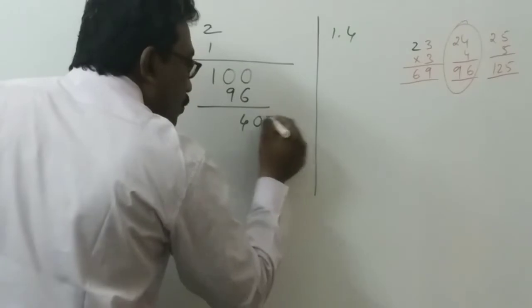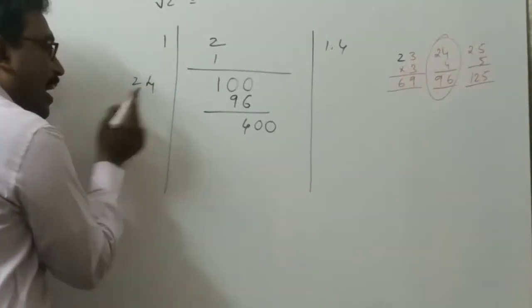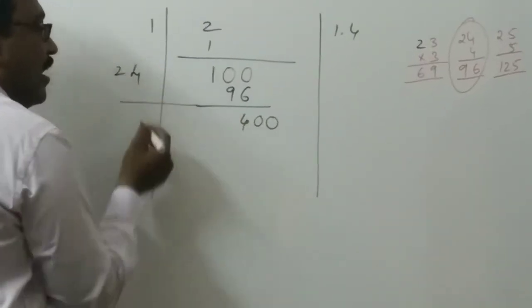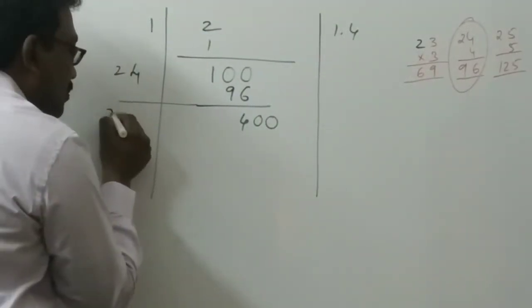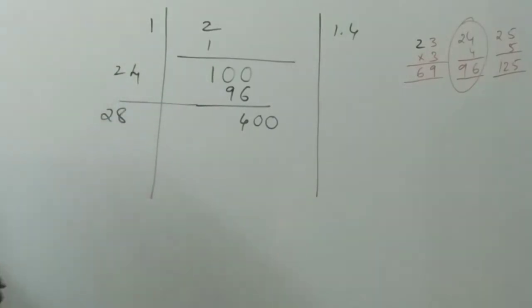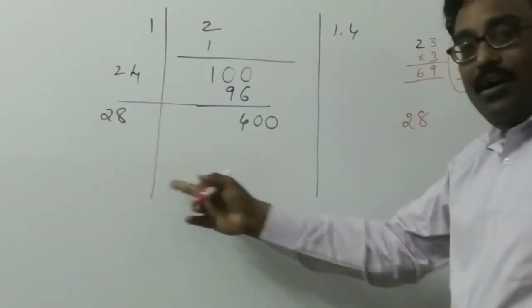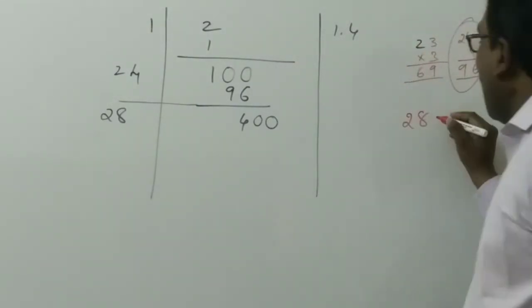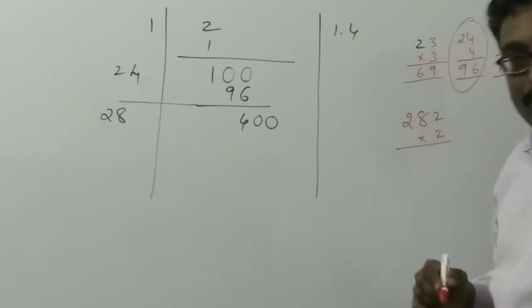So, 2 zeros will come. Now, this number will be doubled again. Will double it again. 14. Think of it as 14. 14 doubled is 28. Now, take this number 28 and I am taking 2 times. I am trying with 2.